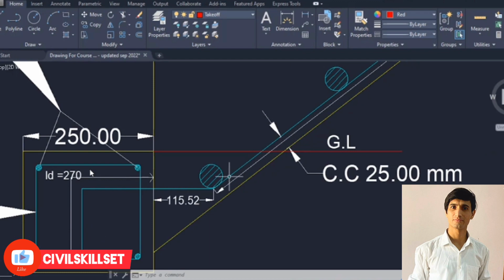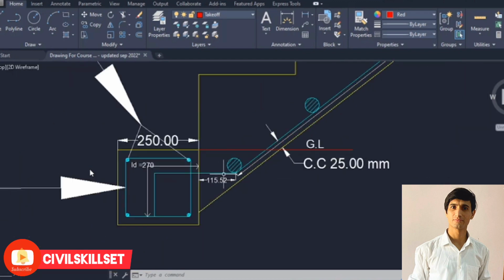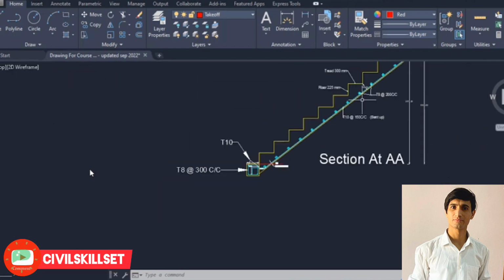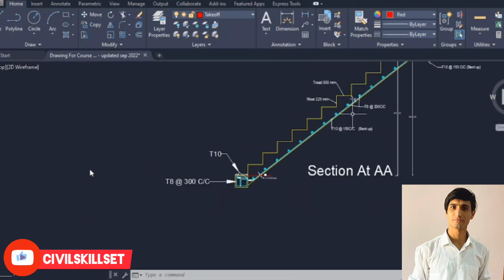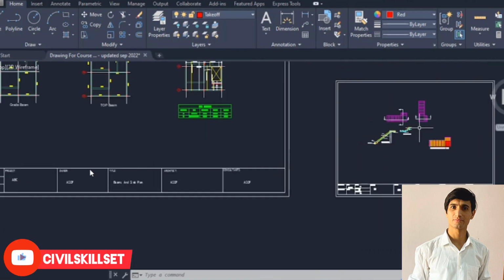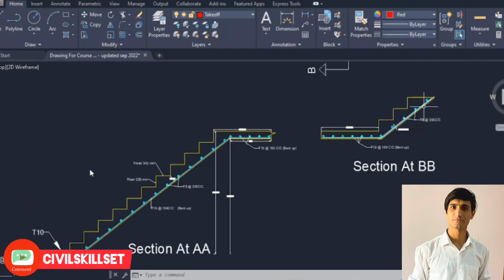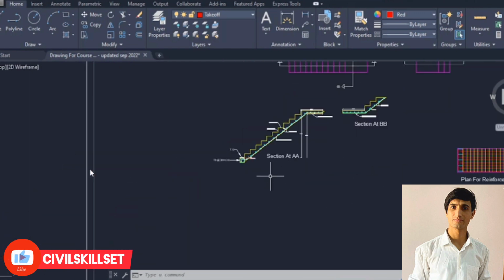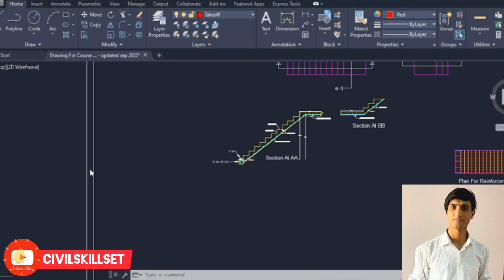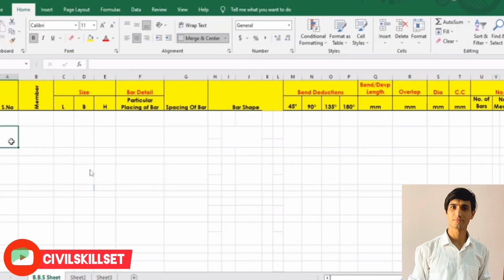We will find right from the bars over here the bent up bars for the stair. Then we will find out the distribution bars at flight number 1. Then we will go for the flight number 2, the bent up bars and the distribution bars here in flight number 2 as well. So let me move here in this Excel, and we will start right from this position.